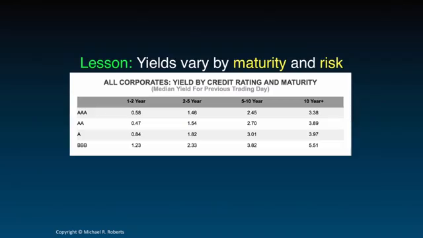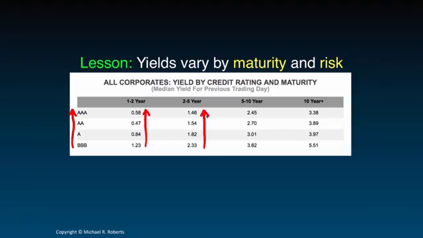Well, yields vary by maturity and risk. To illustrate that point, I'm going to look at the yields on corporate bonds. You can see that as the credit rating improves from BBB to AAA, which is the best rating, the yield goes down.